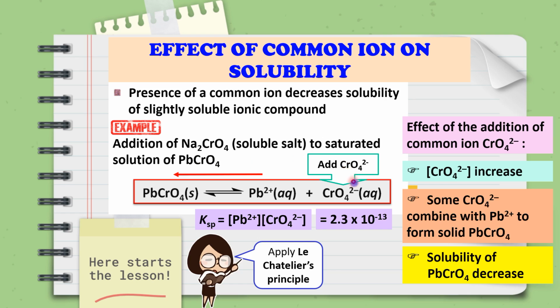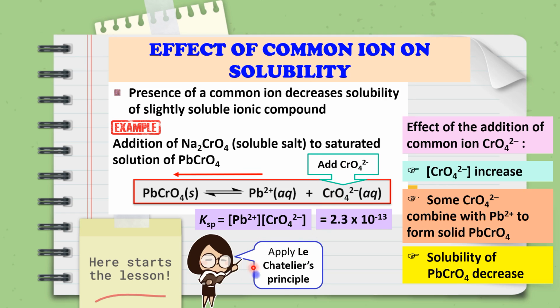So the concentration of chromate ion will increase. The chromate ion here is the common ion, the same ion that exists in the mixture.